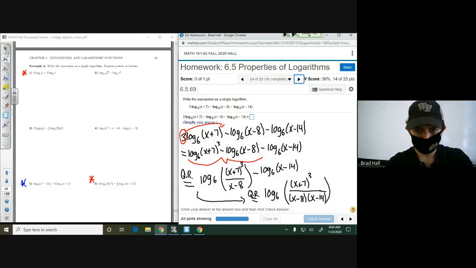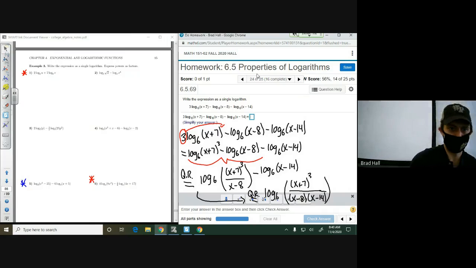So this will be our final answer here, because we have now combined all of the corresponding logarithms as a single logarithm.